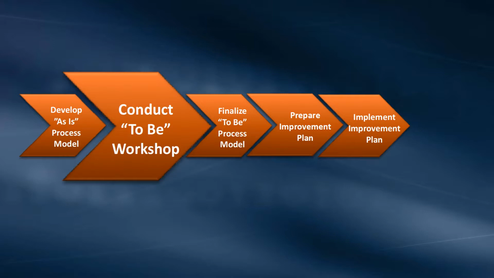Although BPMN diagrams of the as-is process may be used as a reference in such workshops, the workshop would typically not include direct use of the diagrams, but will rely on simpler methods such as sticky notes on the board and to collect information that could be used later to prepare a model, a detailed BPMN diagram.